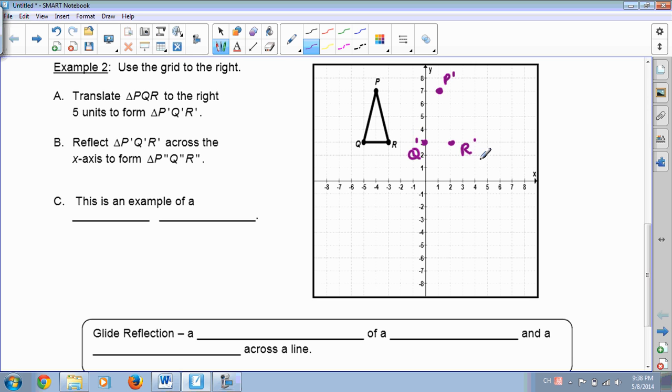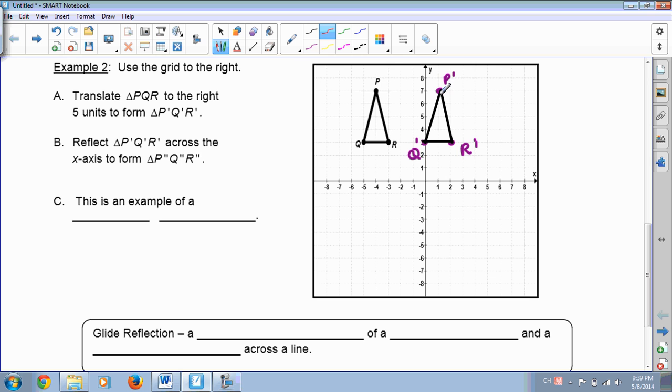It's not asking us for the locations at this point, it just wants us to draw it. So let me connect it and make our triangle. Now that it has been translated to the right, now in step B it's asking us to reflect it across the x-axis. Well, the x-axis is the horizontal axis, so we're going to reflect it down across the x-axis.